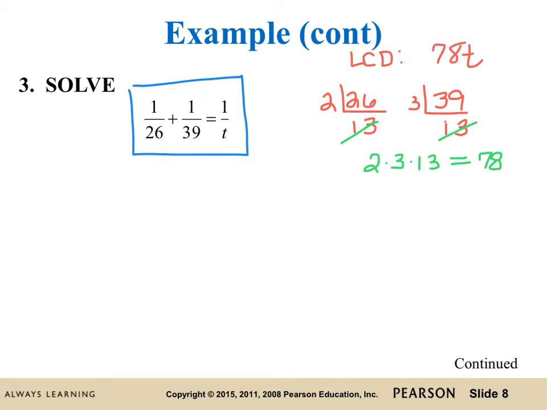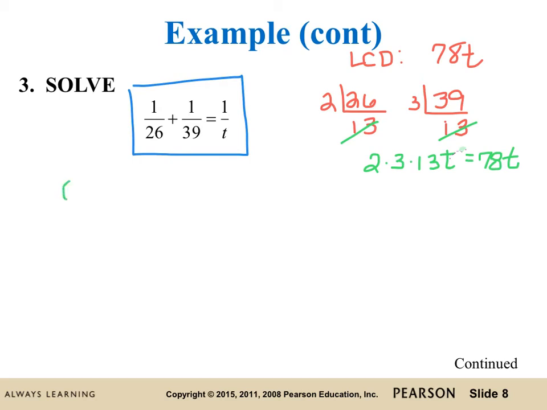But as you already know, I prefer to leave things factored out. So rather than do that, I'm going to leave the factors of the LCD and use that to multiply through by.